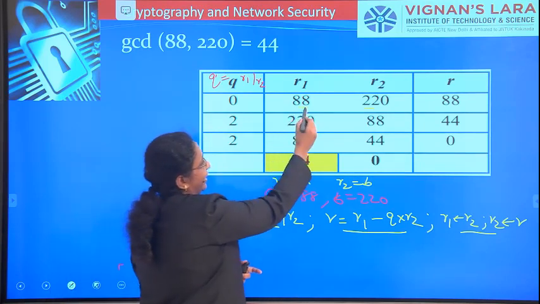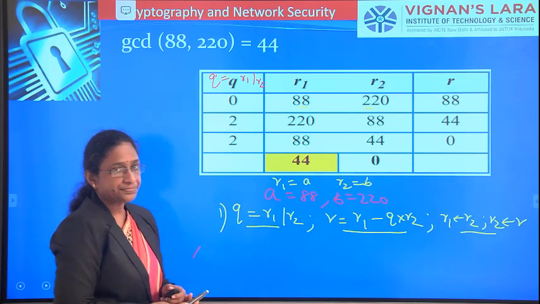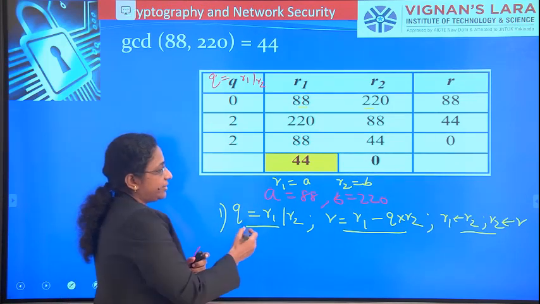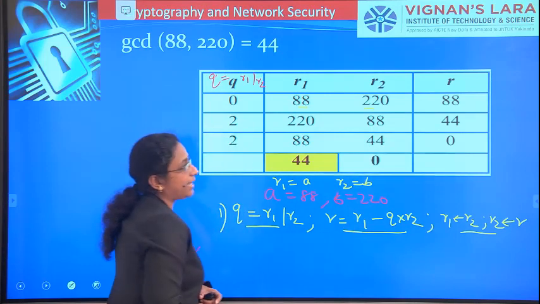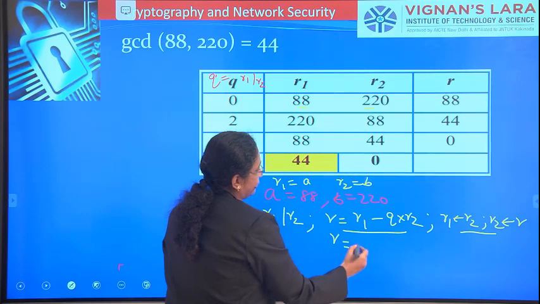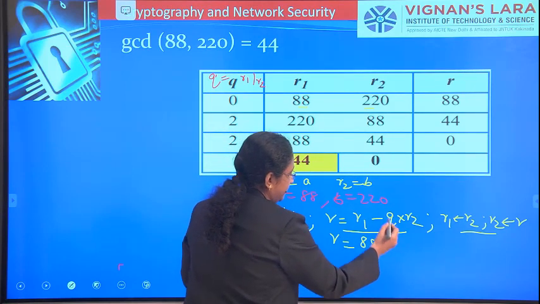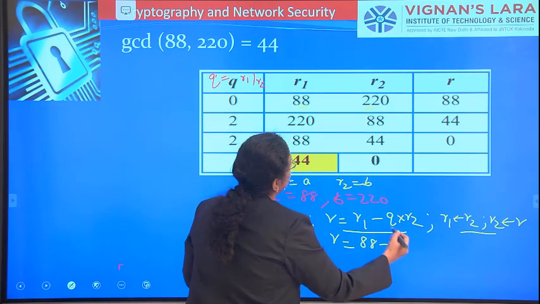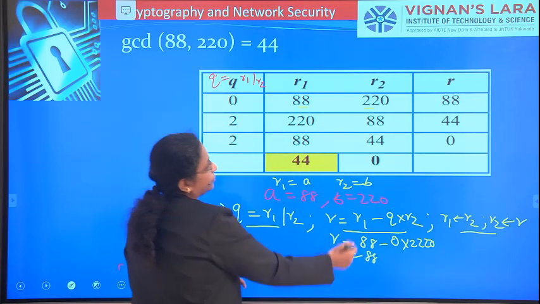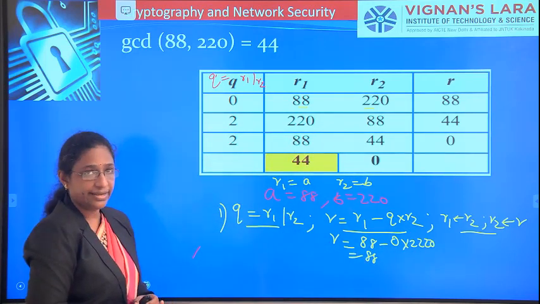Dividing 88 by 220, we get a quotient of 0. Then we calculate the R value: R equal to 88 minus 0 into 220, which is 88.